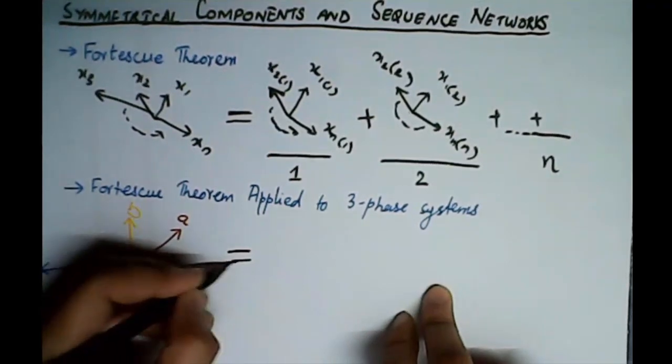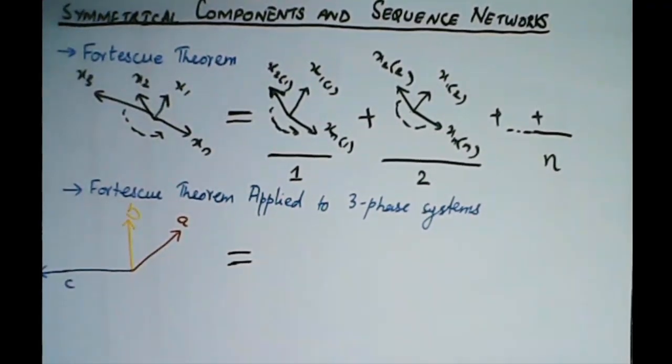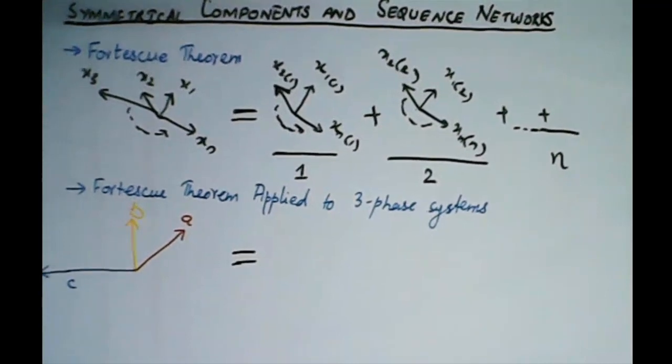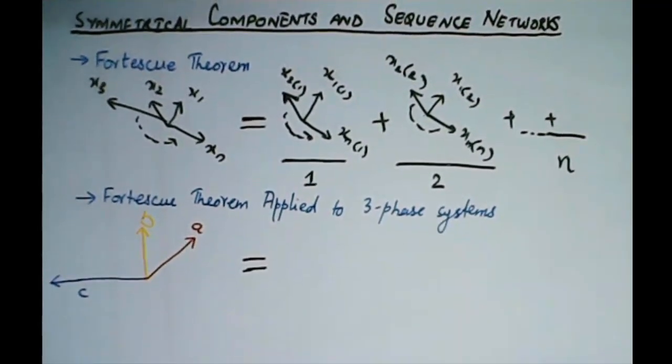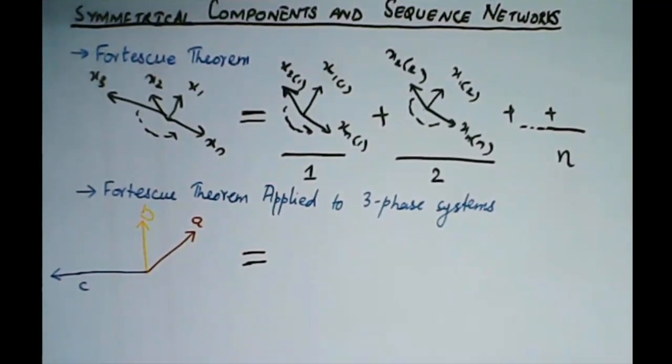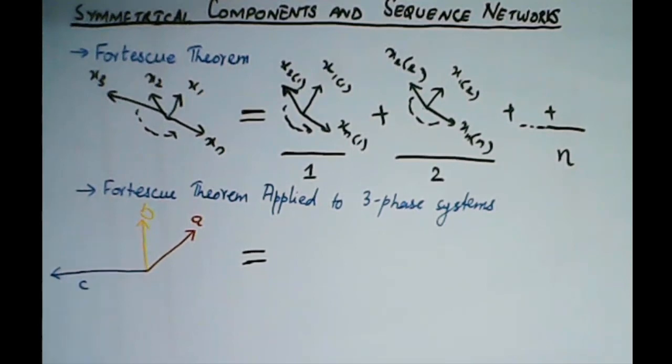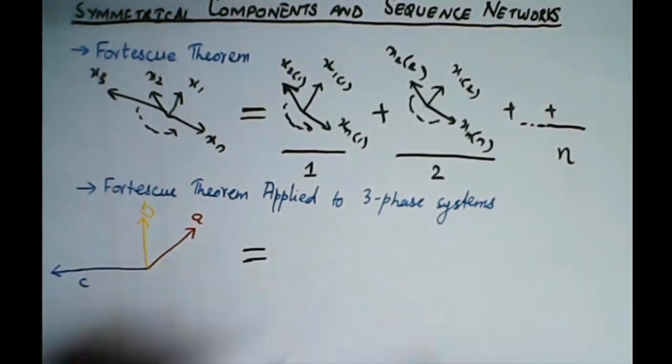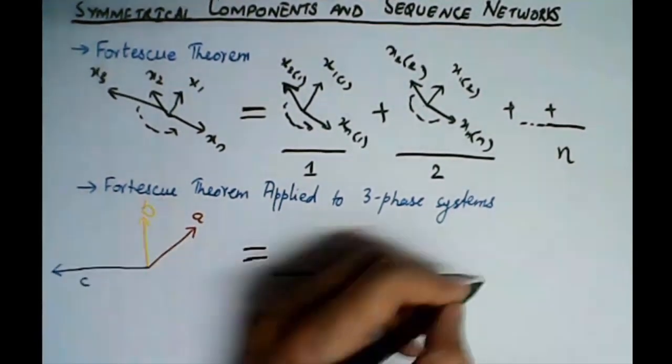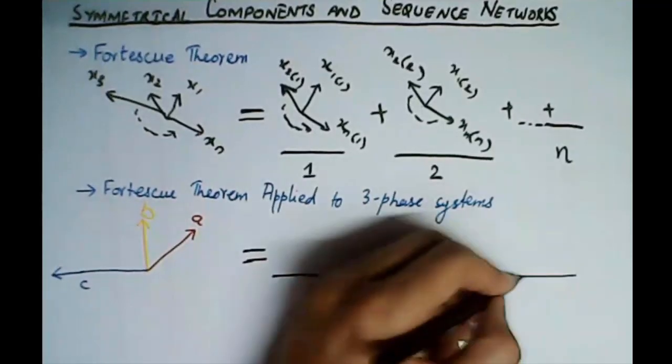Now when we apply the Fortescue theorem to this, it means that this set of unbalanced phasors can always be broken down into 3 sets of balanced phasors. Since we had 3 unbalanced phasors here, there will be a first one, second one and third one.